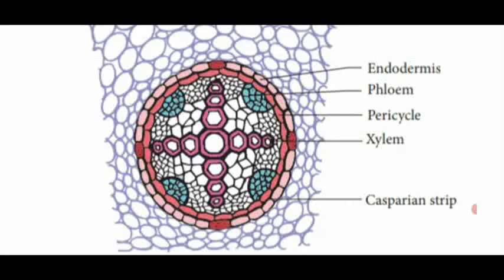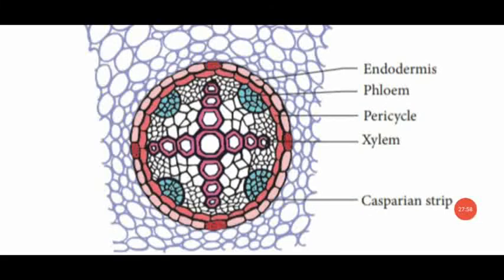Another point, the phloem and xylem are arranged in an alternate manner and also radially. These xylem and phloem are separated or connected by a tissue called conjunctive tissue. That conjunctive tissue, shown in black color, is made up of parenchymatous cells.